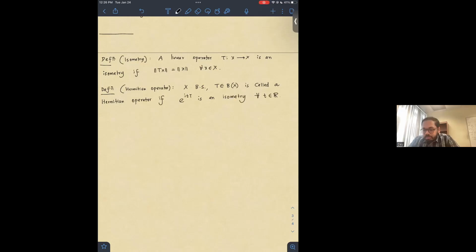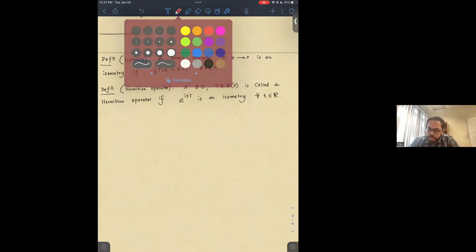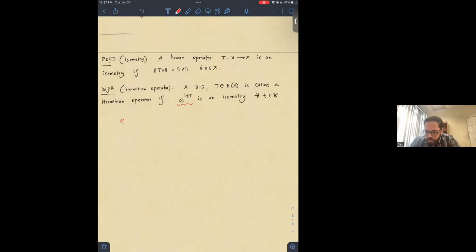And to be honest, let's try to understand what this operator e to the i t T is indeed.